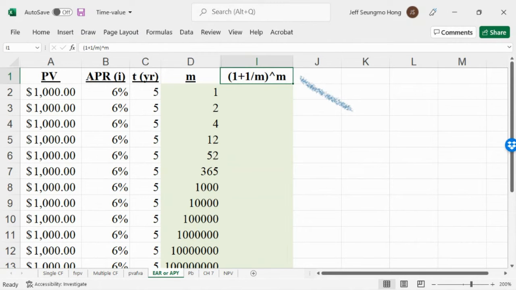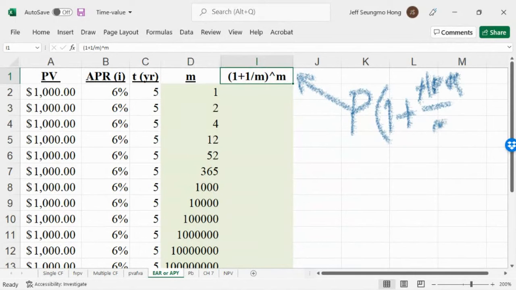But we know what this is. It's P times, in the compounding formula, APR over m raised to n.